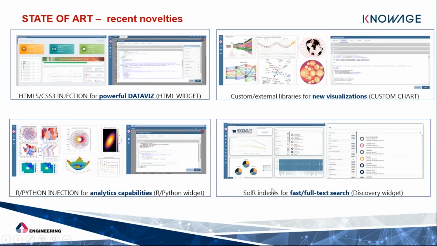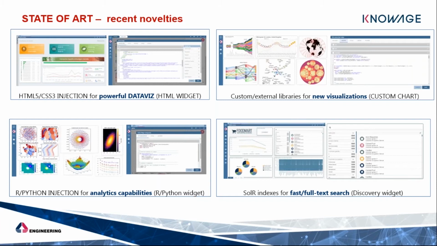In the latest version of Knowage, in the 7th series for those who already downloaded it, we released many new widgets in the cockpit. As I said, in the cockpit you can combine different data, relate each other, and navigate through different sources in an easy way.